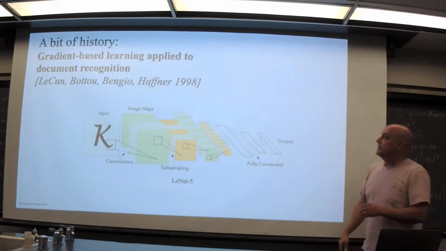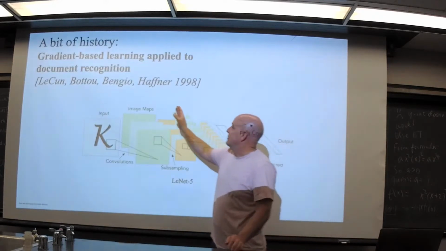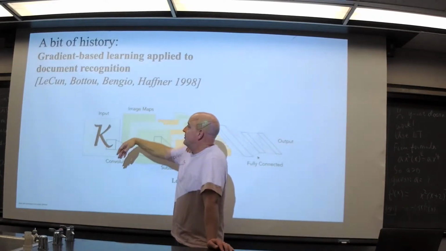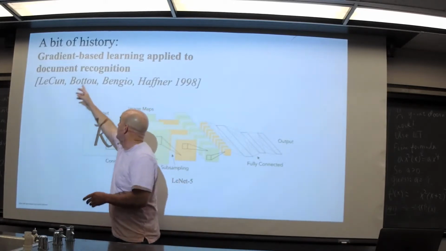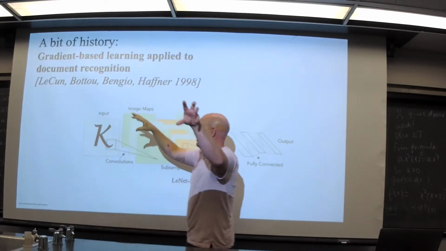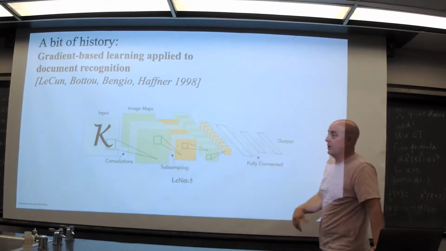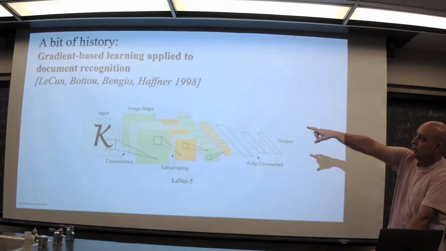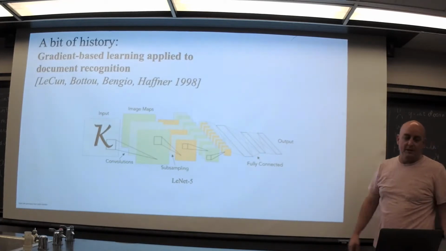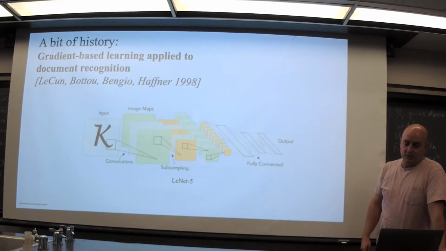By the way, super interesting. If you know anything about the people involved in deep learning, along with Geoff Hinton you have Yann LeCun and Yoshua Bengio. The three of them all won the Turing Award a couple of years ago for their contributions to deep learning. And Léon Bottou is another very prominent deep learning person now.